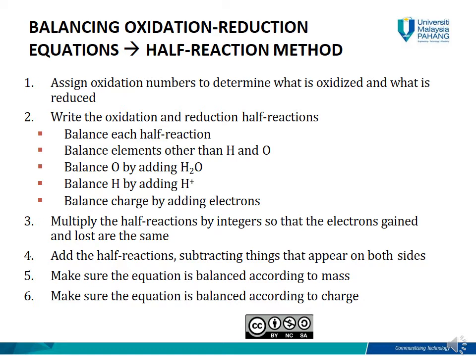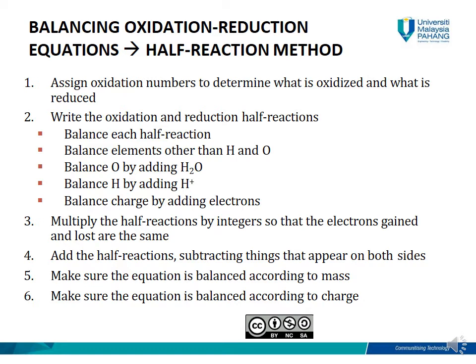The first step is to assign oxidation numbers, so if you see the oxidation number change from reactant to product, you need to estimate that value, either it lost 1 electron or gained 1 electron. With this concept, you can tell whether it is oxidized or reduced.